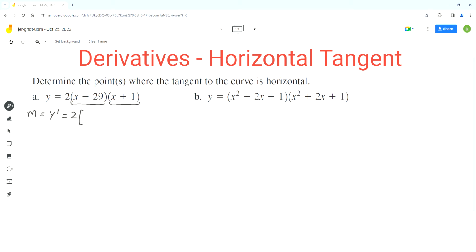As per the product rule, the derivative is the first function times the derivative of the second function plus the derivative of the first function times the second function.